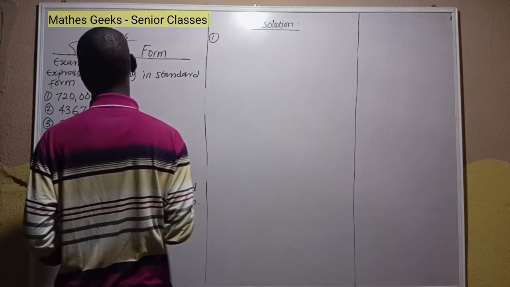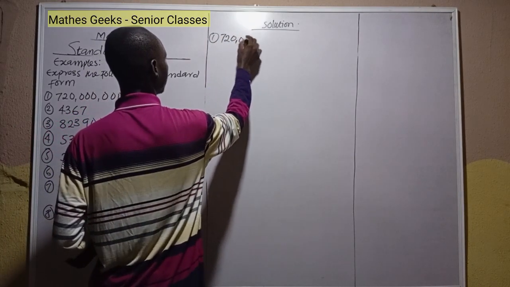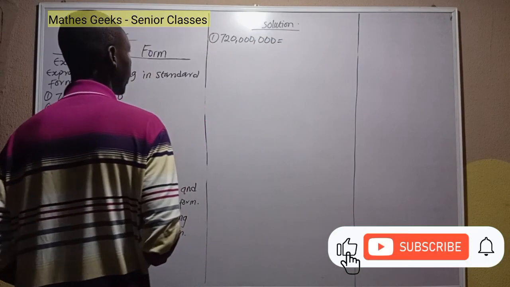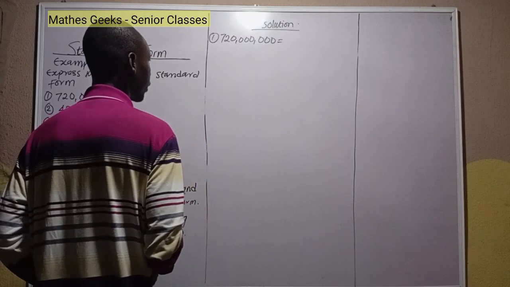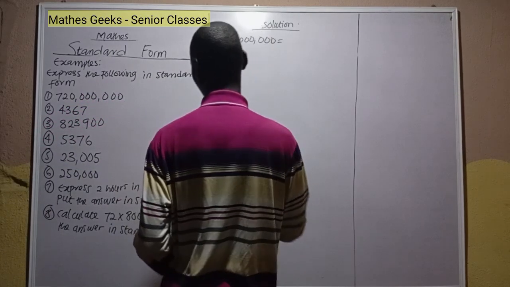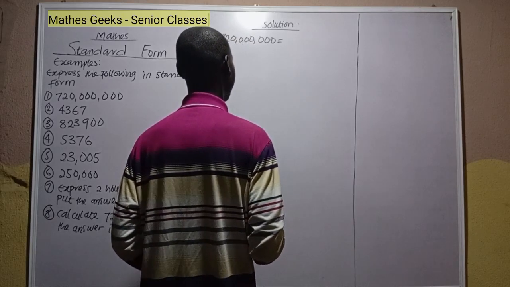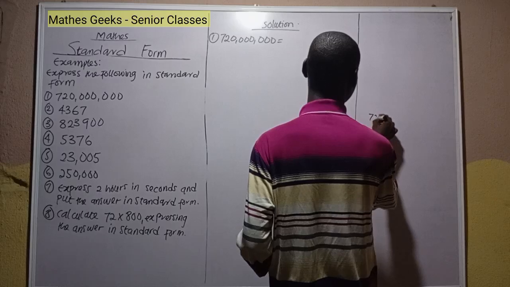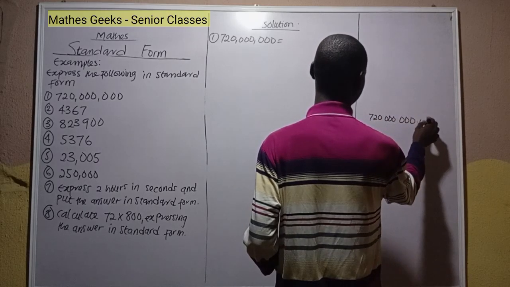Number 1. 720 million is given. In this case, like I said, we must assume that these numbers, regardless of how large they are, have a decimal point. So we will need to write this as 720 million point 0.